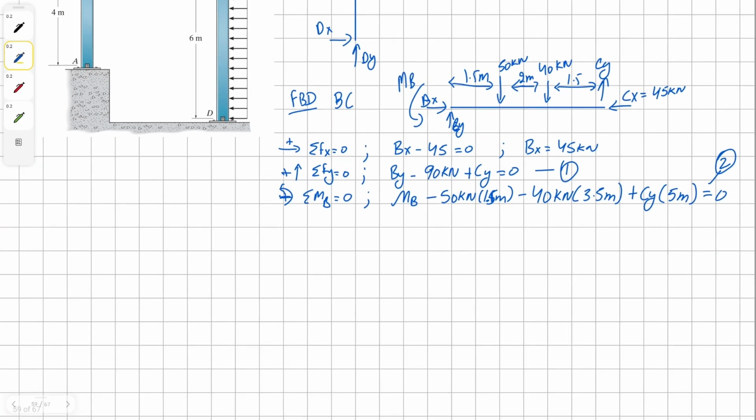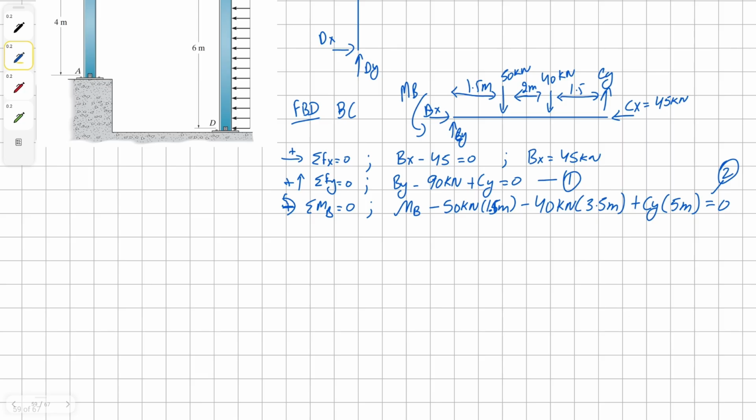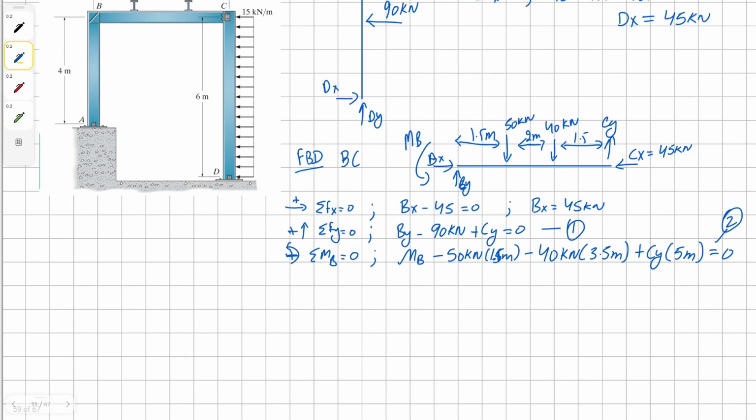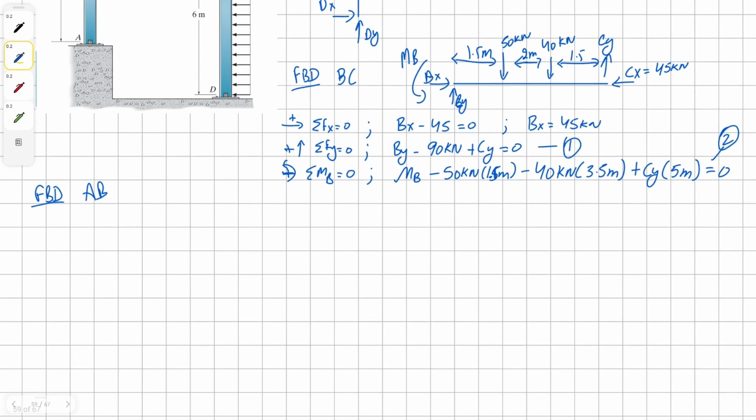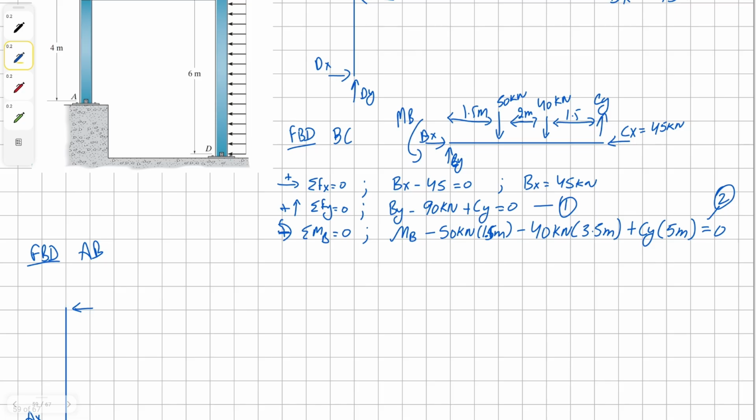Let's move on to our next part, which is going to be our member AB. Pin connection at A. Opposite reaction forces.